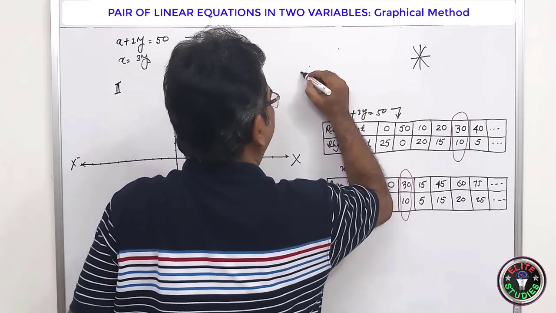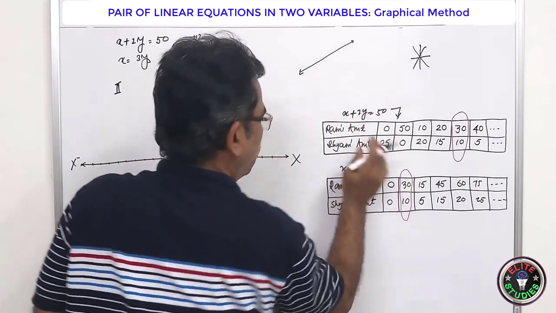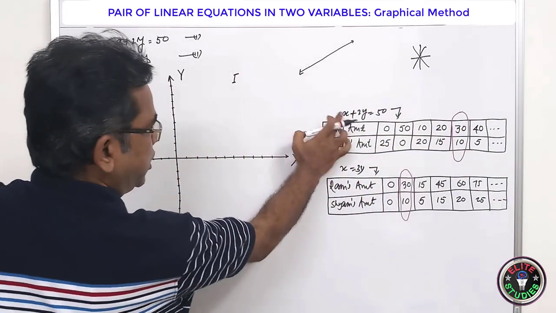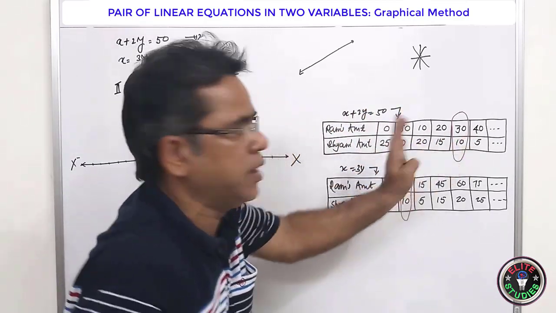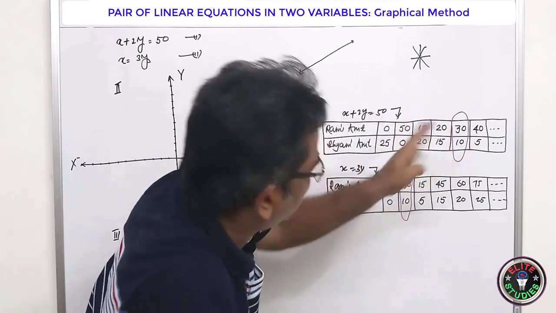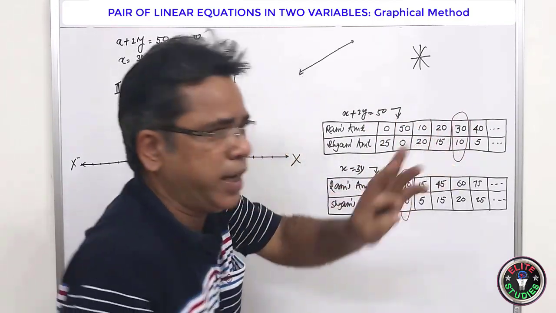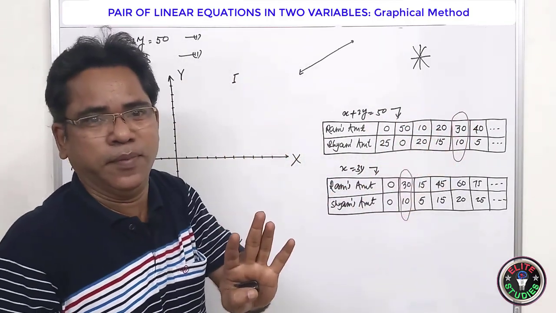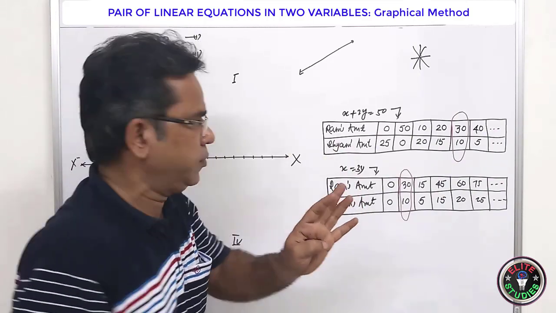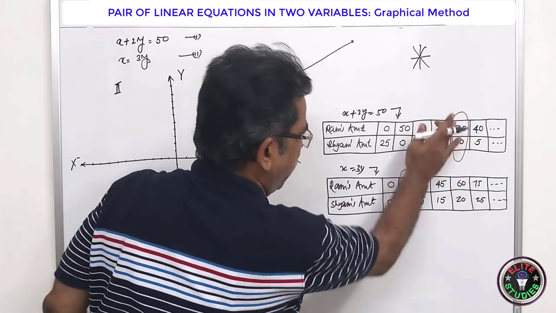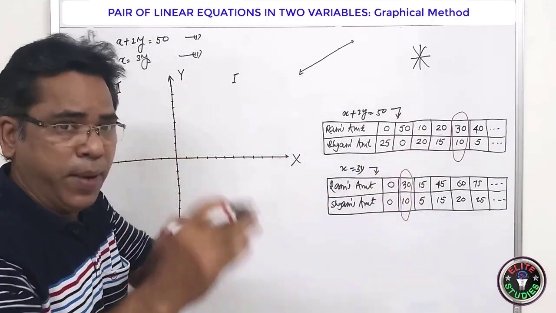So to plot the graph of the equation x plus 2y is equal to 50, only 2 points are sufficient. You can take any 2, and the third point we take only for confirmation. Generally, we take 3 or 4 points, not more than that, and try to take points which will not come in decimals to make the plotting easier.